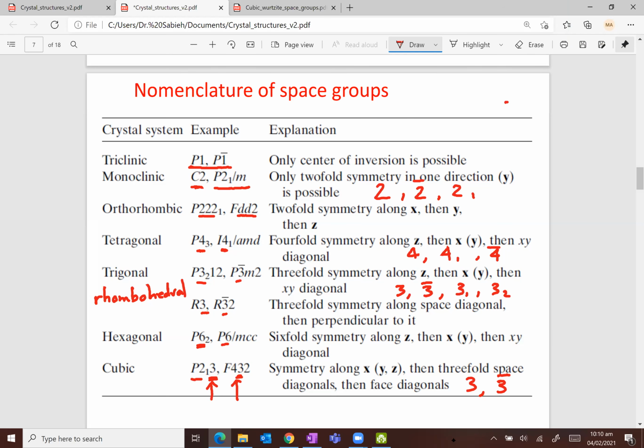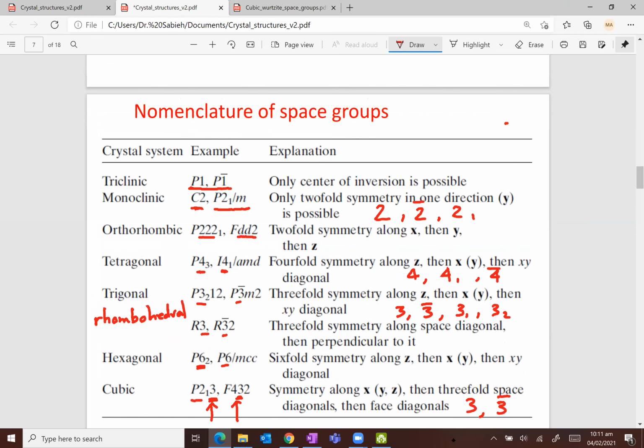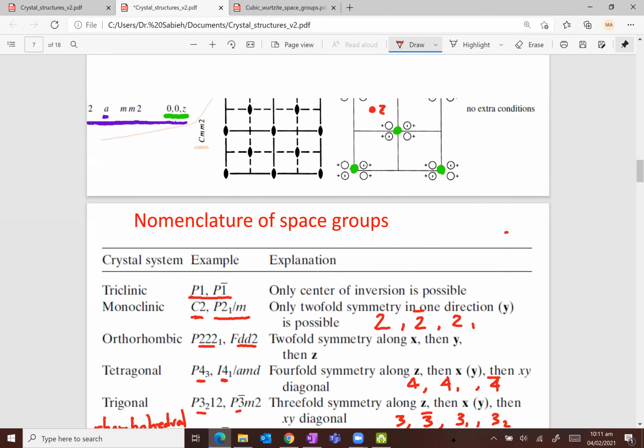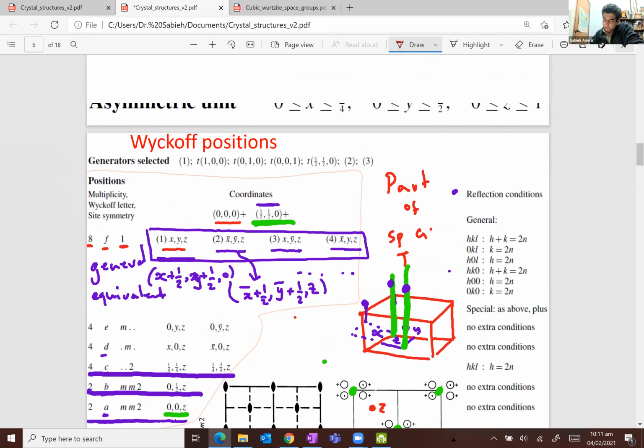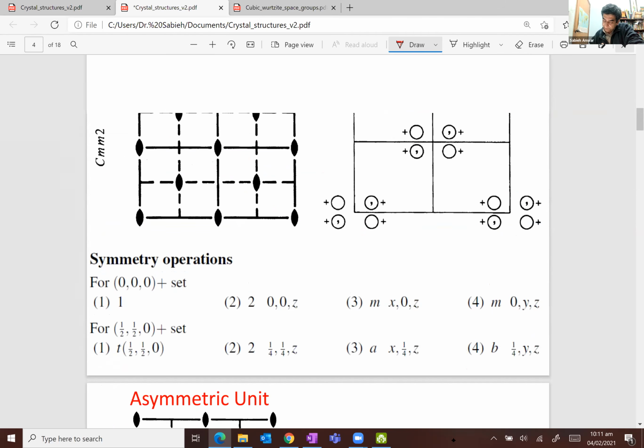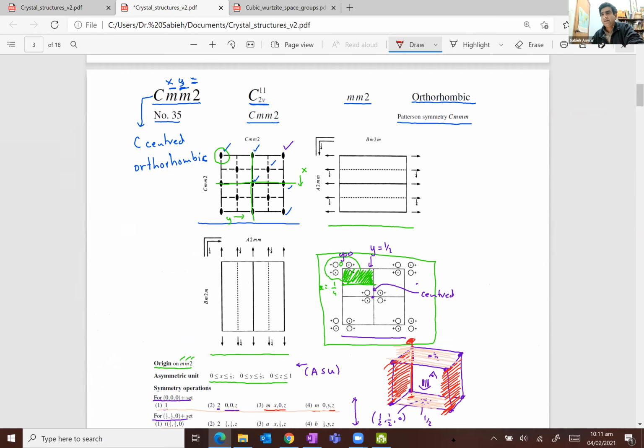So I think the structure that we talked about previously, the Cmm2, why do we write it as Cmm2 and not just Cmm? Because it's orthorhombic. And when we're talking about orthorhombic, all three axes are distinct from one another.